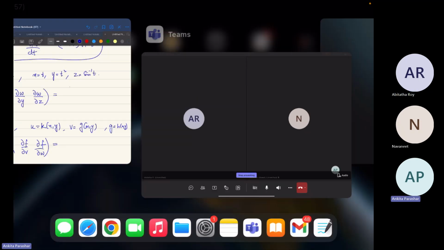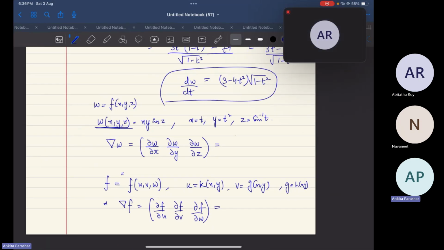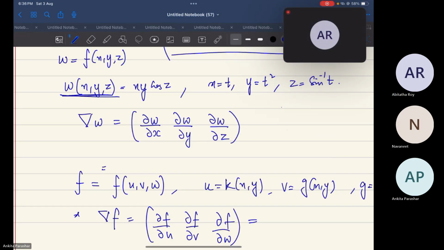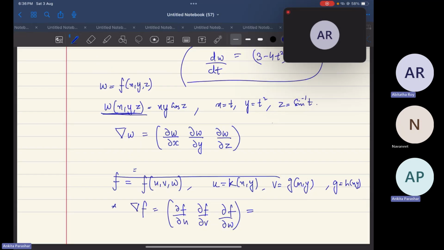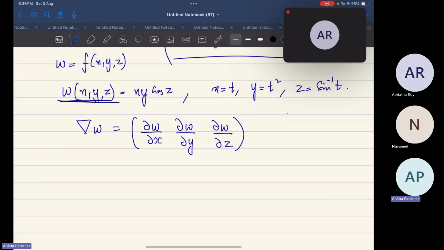Okay, let's go back. What I want to say here is this: x is a function of t. I'm also getting confused here. Okay, ∂w/∂x.